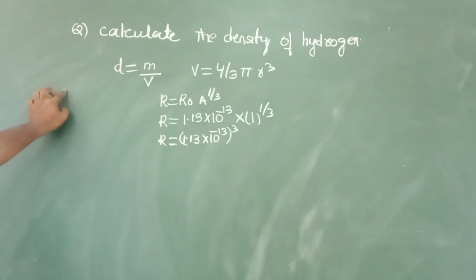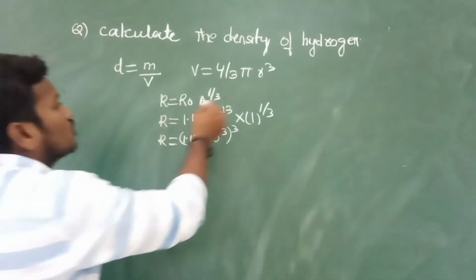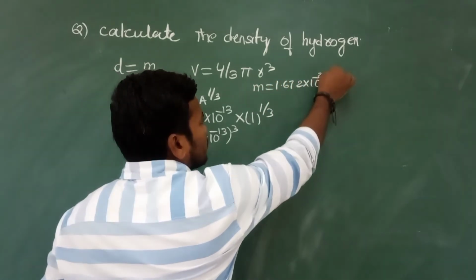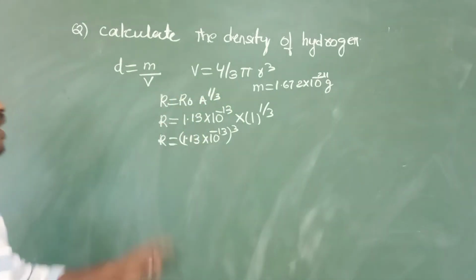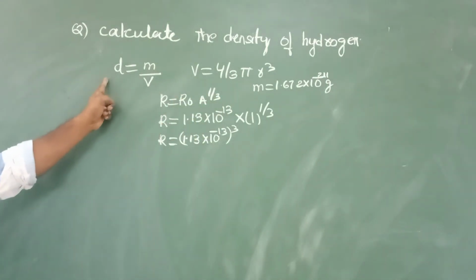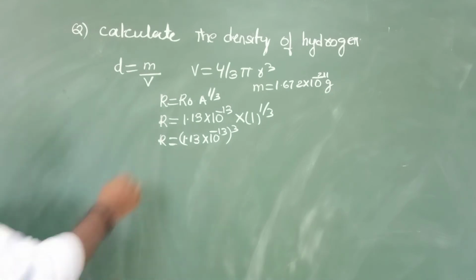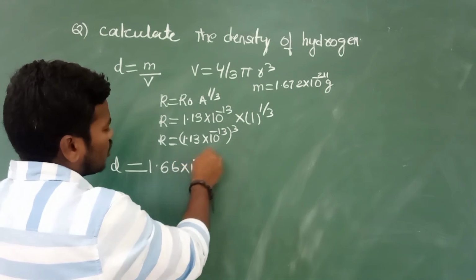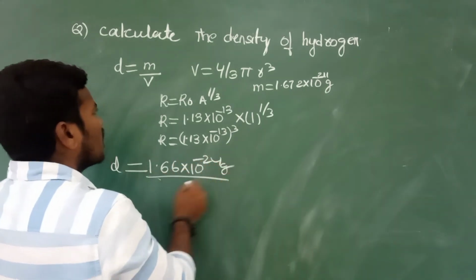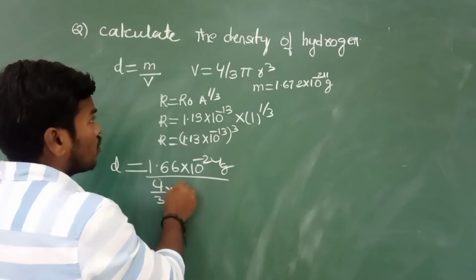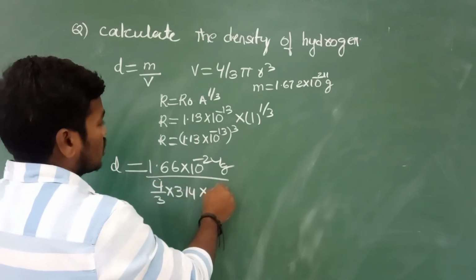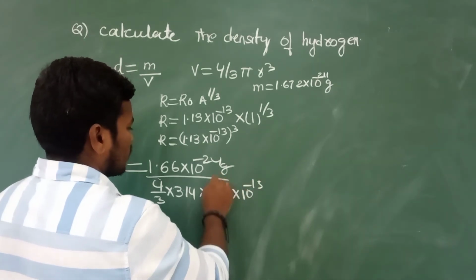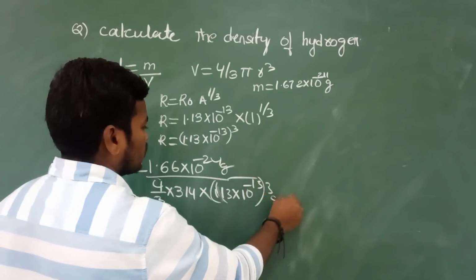The mass of hydrogen we know: 1.672 into 10 to the power of minus 24 grams. This is centimeter cube, so automatically density will come in grams per centimeter cube. So density is equal to 1.66 into 10 to the power of minus 24 grams upon 4 by 3 into 3.14 into 1.13 into 10 to the power of minus 13 whole cube, centimeter cube.